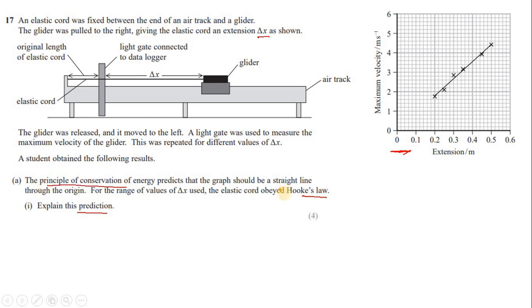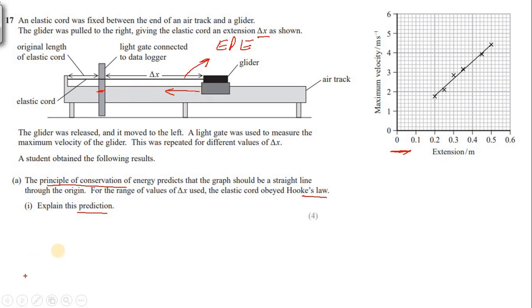What is happening here? When you extend the cord, that means at that moment in the cord we have elastic potential energy stored, and when you release the glider, it keeps moving towards the light gate. When it is passing the light gate, you have some maximum speed.